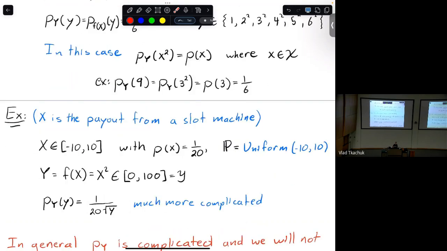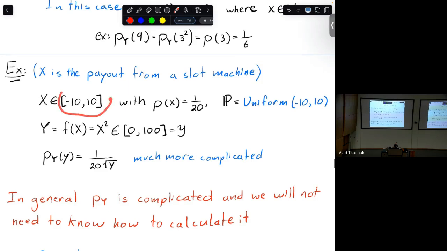The story is that two values can map to the same corresponding value due to your function. Suppose now that X can be between -10 and 10, and you use the exact same function we saw above, X squared. This is a terrible example, but say X is the payout from a slot machine.